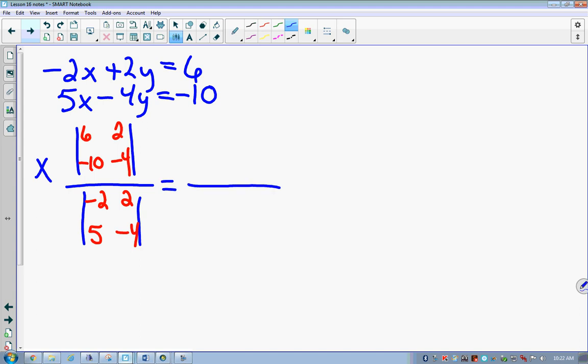All right, help me out here. What's 6 times negative 4? Negative 24 minus what? Minus 20? Minus negative 20. Okay? I've got negative 2 times negative 4.